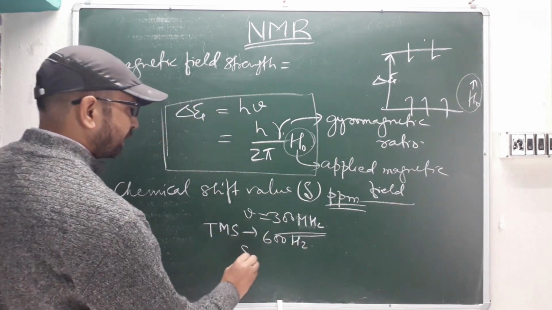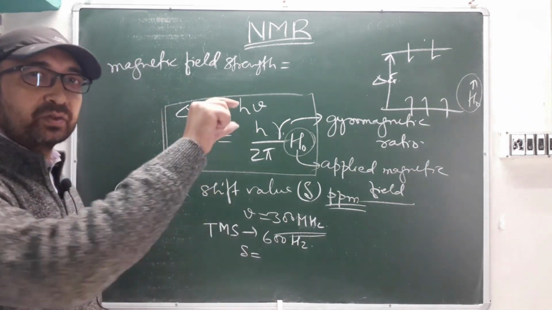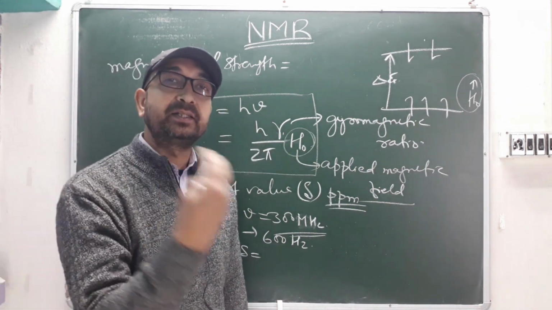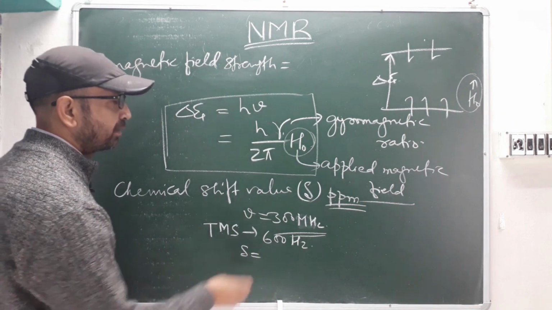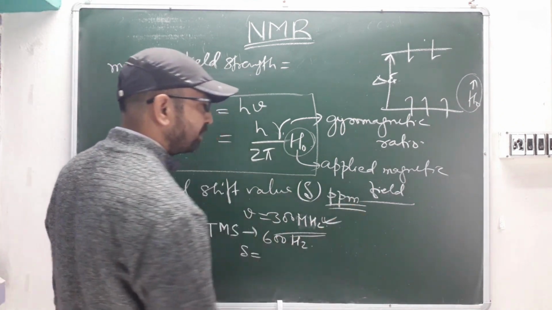What is TMS? I will explain that. So what will be the delta value for this? We are finding the chemical shift value, and based on that we say which compound it is. They may ask this type of question with the frequency of the instrument.